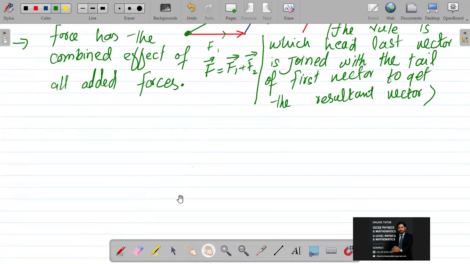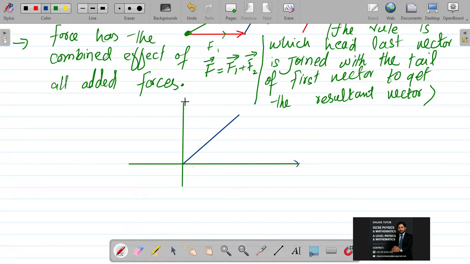After that, we will have to move towards resolving vectors and forces into their components according to the 2D plane, not 3D, only 2D plane. Let's suppose there is a force which is acting, and we can say it is a force along the x-axis and y-axis to be resolved into its components.